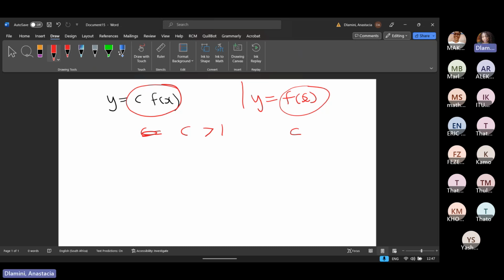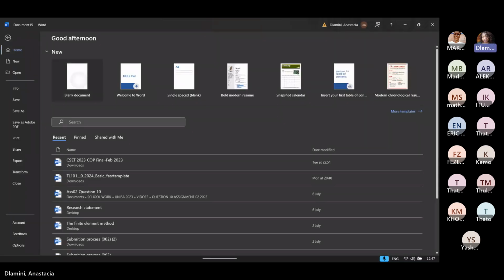Am I making sense? Yes, ma'am. And if c is between 0 and 1, it means you have shrunk it by a factor of c. Are we happy then?